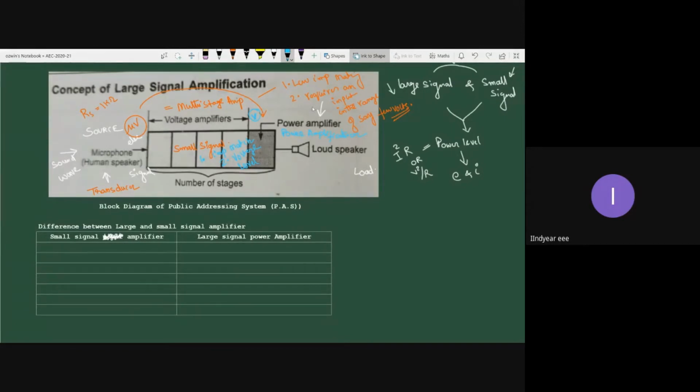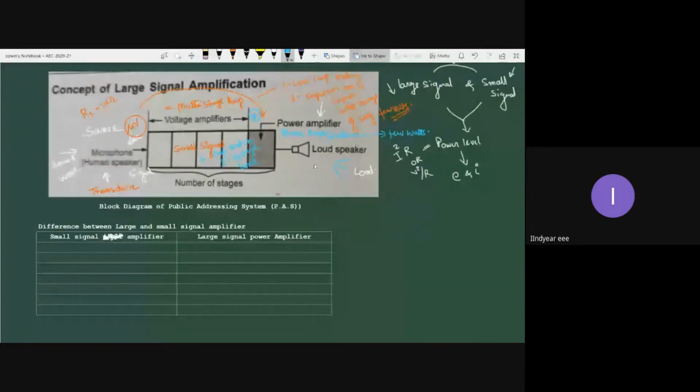Your power amplifier simply increases the power level of the signal. The power level of the signal will normally be a few watts, and that increased power level signal is then given to the loudspeaker, and the loudspeaker will throw the sound waves. So that's how your public addressing system works.